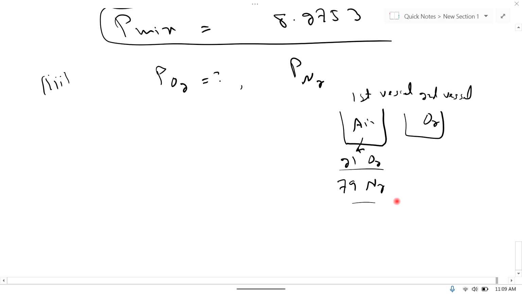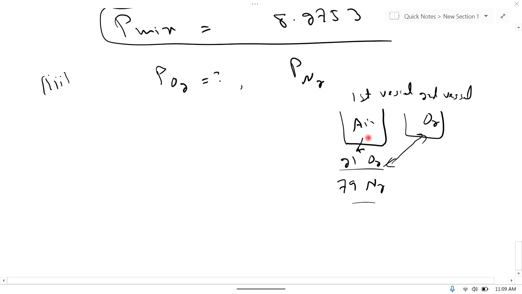21% oxygen and 79% nitrogen. Then we will add this oxygen with this oxygen, because 21% oxygen is here, and the remaining oxygen is in vessel number 2, and we have to find the partial pressure of this oxygen and the partial pressure of nitrogen, which is 79% in the first vessel. Okay, this is clear.